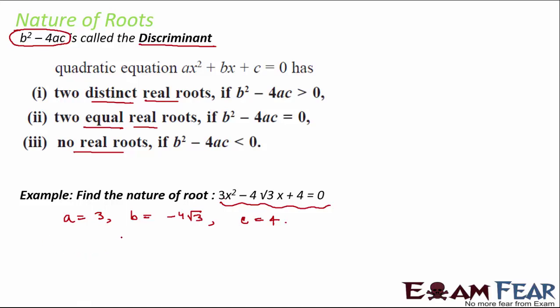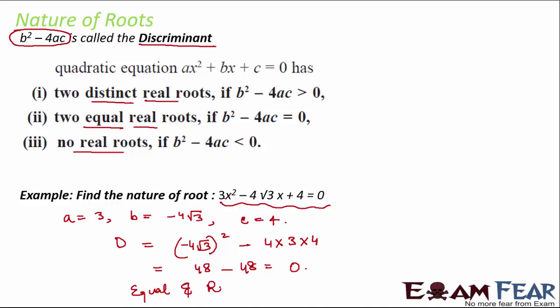In order to do that, we will first calculate the value of the discriminant, which is equal to b square, that is minus 4 root 3 whole square, minus 4 into a into c. So this is equal to 48 and this is equal to 48. So 48 minus 48 is equal to 0. That means this particular equation has equal and real roots.